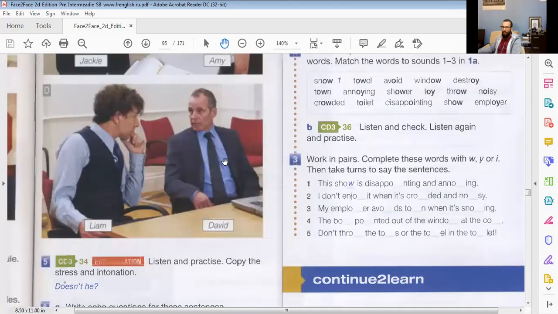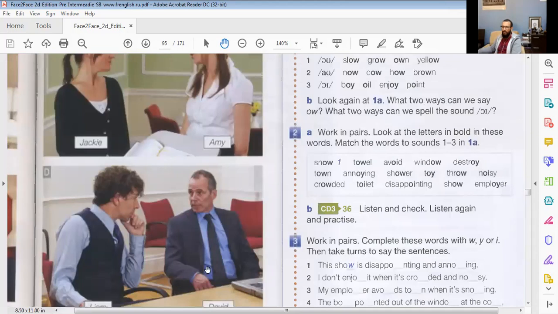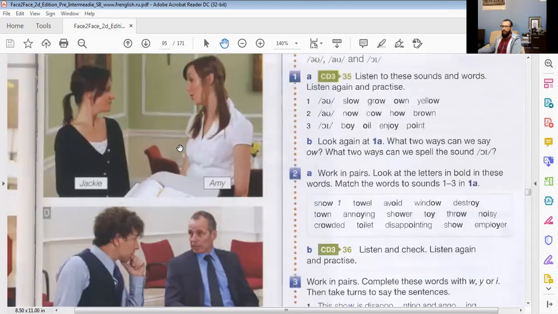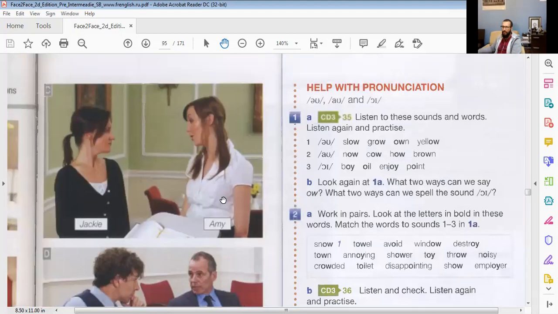And we've also got David and Liam. Do you remember Liam from Dublin? He was telling Natalie about his city. Anyways, Liam is Irish, David. All right, so we've got 6 conversations.